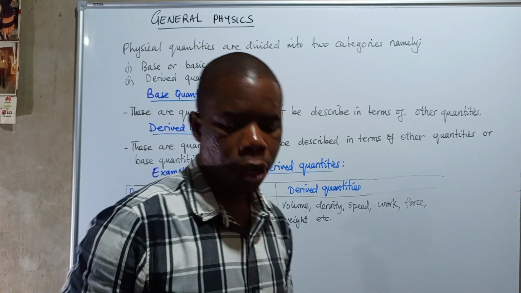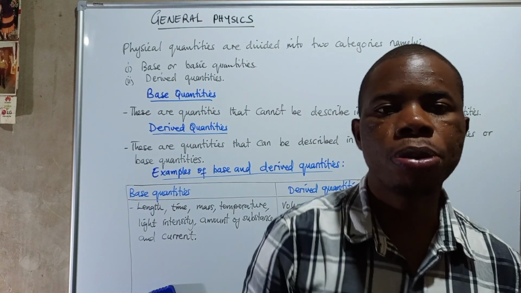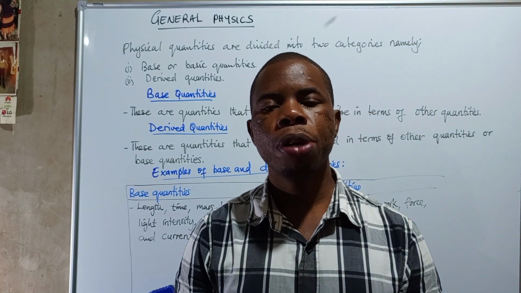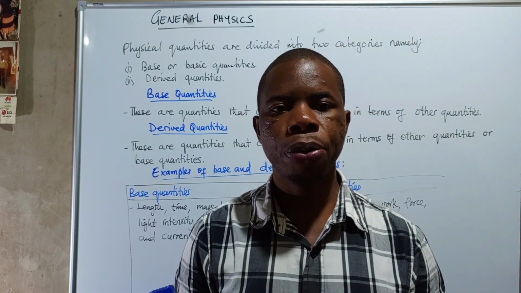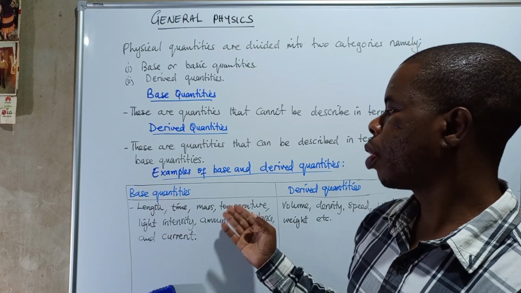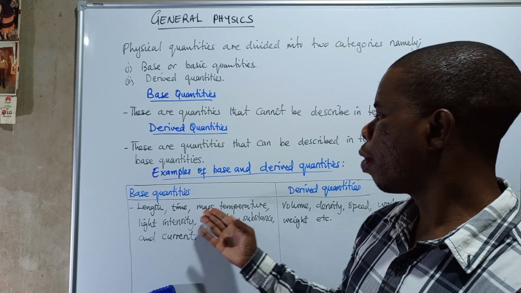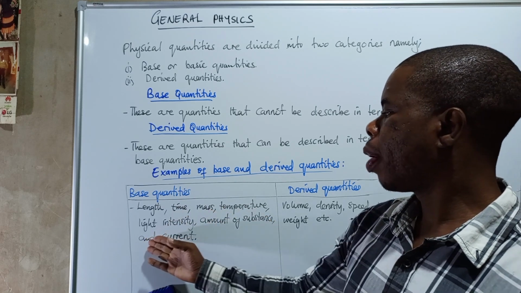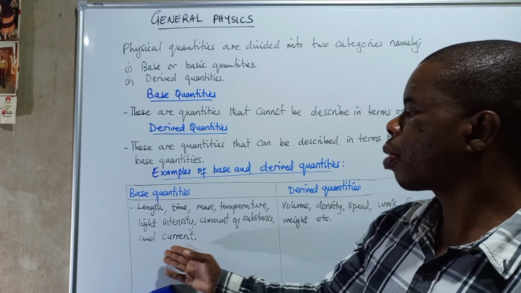Now, usually you can be so clever or so innovative where you only need to understand base quantities like length, mass, temperature, light intensity, amount of substance, and current.